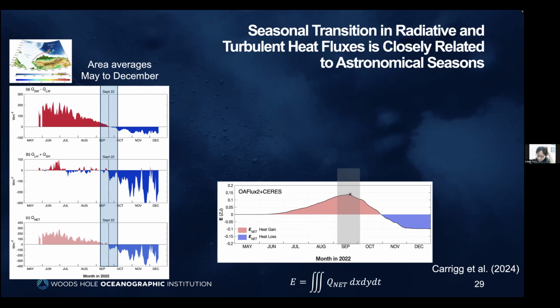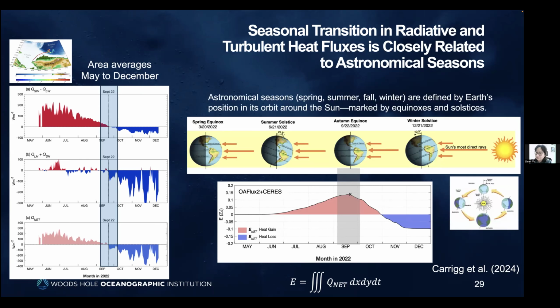To take the analysis further, we integrated the energy budget over the area, meaning the map shown on the left, and looked at how the energy accumulates throughout the year in this area. Clearly, we see a turning point in the accumulated energy around September 22nd, which is closely aligned with the astronomical seasons.